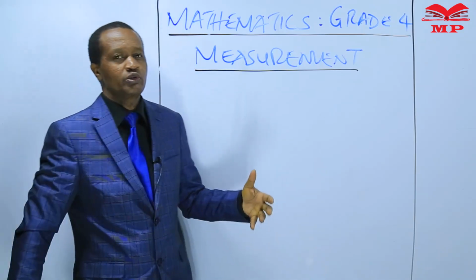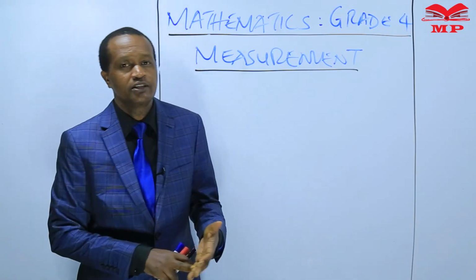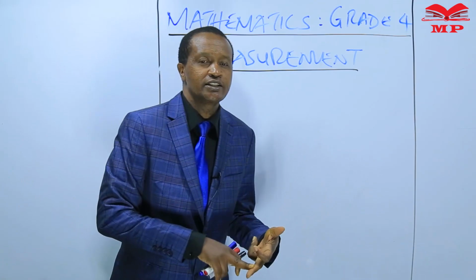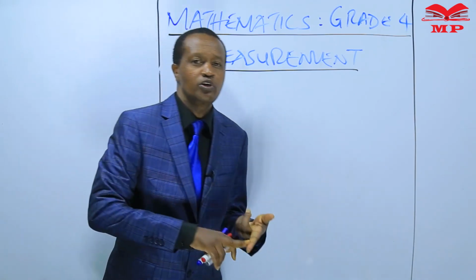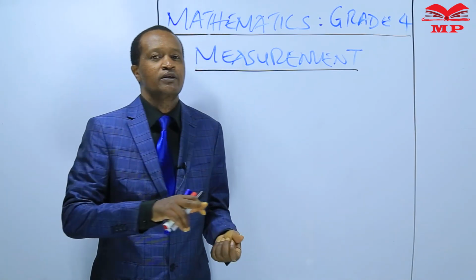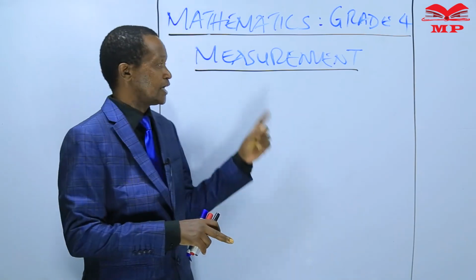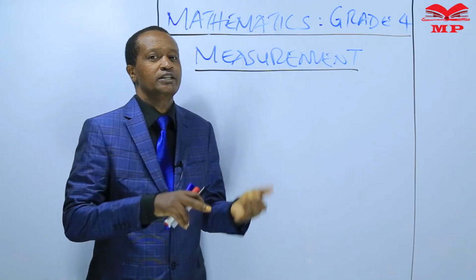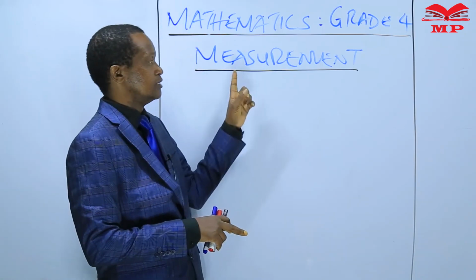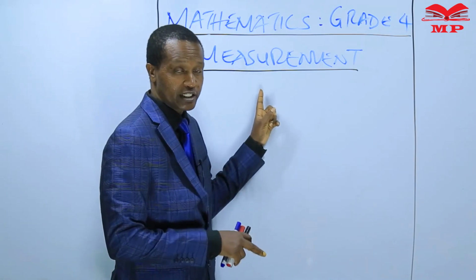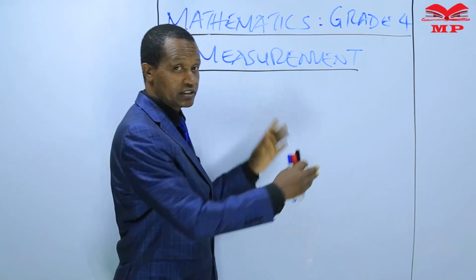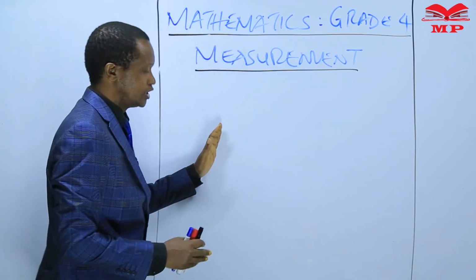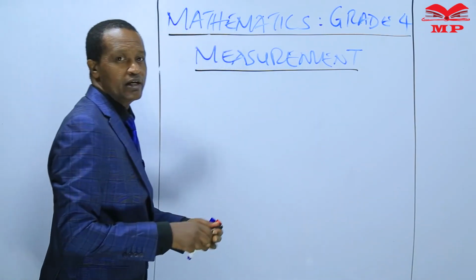We also learn how to measure area, mass, volume, capacity, time, and money. So those are 6 things. And learners, we cannot learn all the 6 things in this lesson. In this lesson, we are going to begin with length.